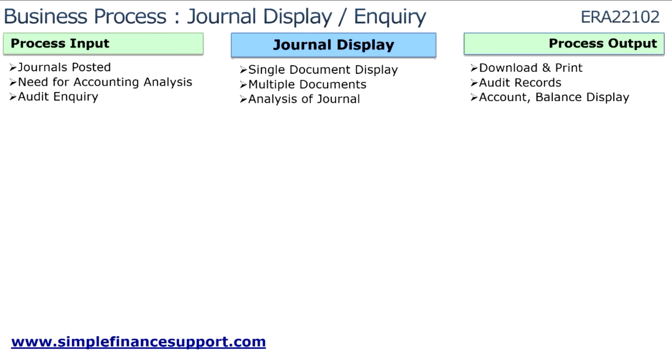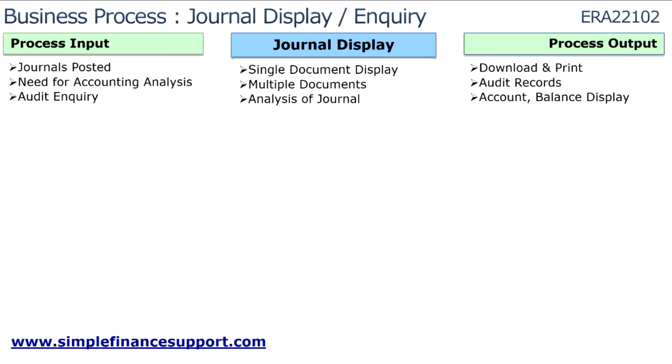Any business process that we discuss will definitely have process inputs, the information leading to the business process, the process information itself, and the process output.